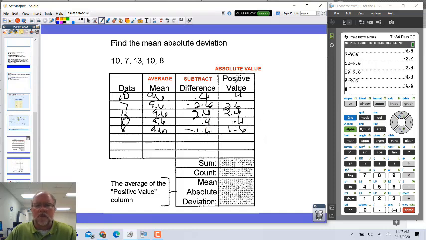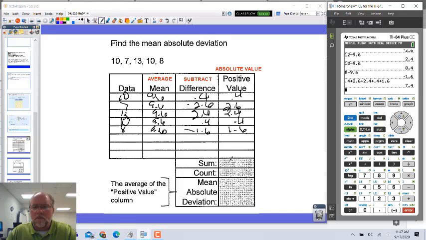And now we're going to take these positive differences and add them up. So 0.4 plus 2.6 plus 2.4 plus 0.4 plus 1.6. Hit enter.